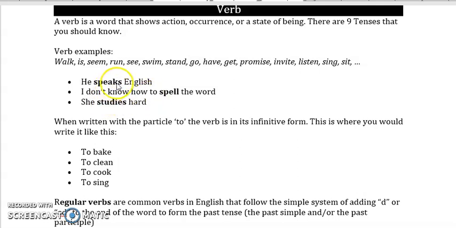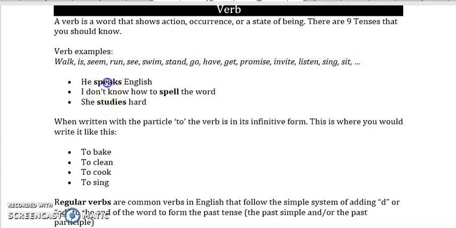Alright, these are in bold, telah dihitamkan, digelapkan. He speaks English. I don't know how to spell the word, and she studies hard. You can see S at the back of the word speak, no S at the back of spell, and there is ES at the back of study, where Y is deleted and replaced with the suffix, imbuhan belakang, IES.